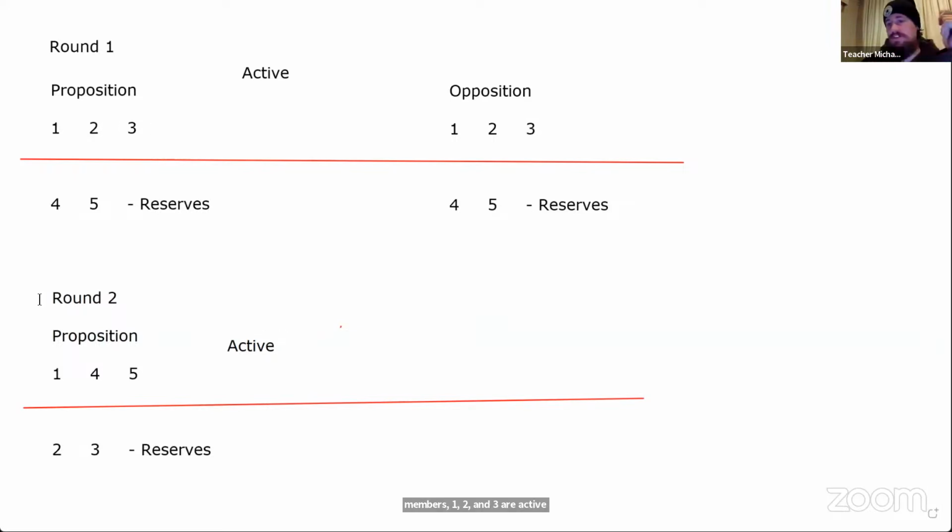Team members 4 and 5 are the reserves, so they're not allowed to participate in this debate. But if the team wins and makes it through to the next round, the team may wish to swap the lineup. They may take member 2 and member 3 out of the team and replace them with member 4 and member 5. Now they've got a new 3-person team who will compete in that debate, and team members 2 and 3 will be the reserves. So in this debate, they won't be allowed to participate.